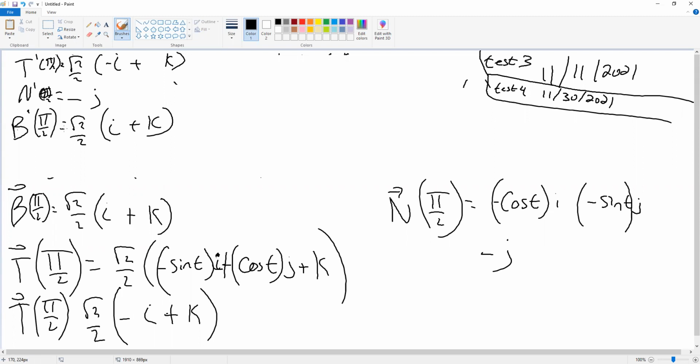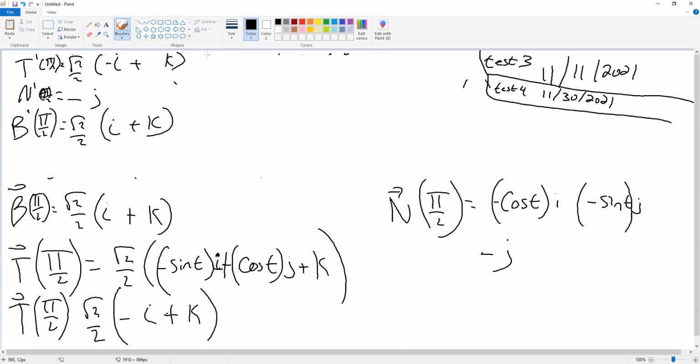Let's say we just wanted to calculate just T and N. Isn't it easy to take these two right here and figure out what this guy is going to be? It's the cross product. So once you have these two things right here, you can easily find that one like that. And it works for either of them.